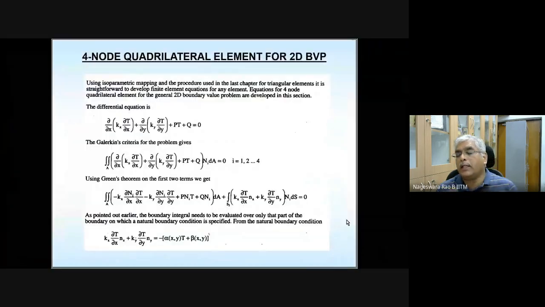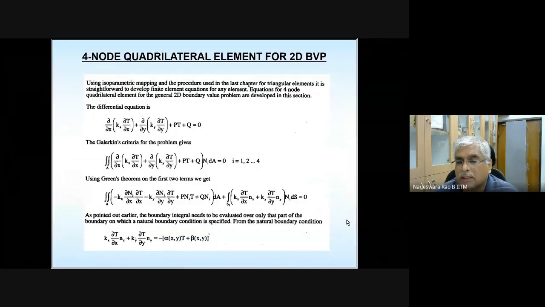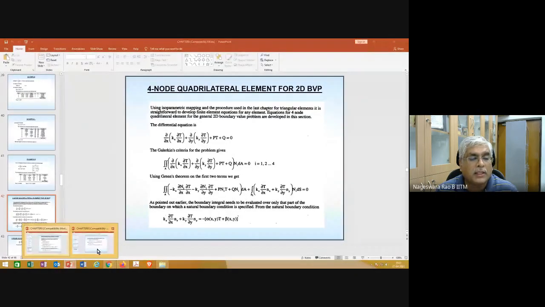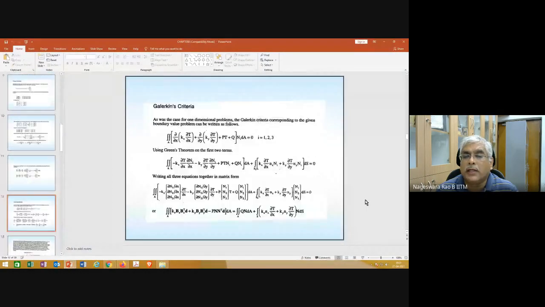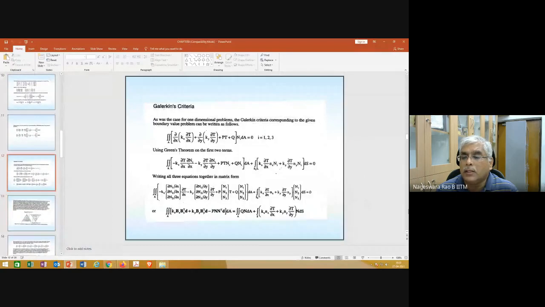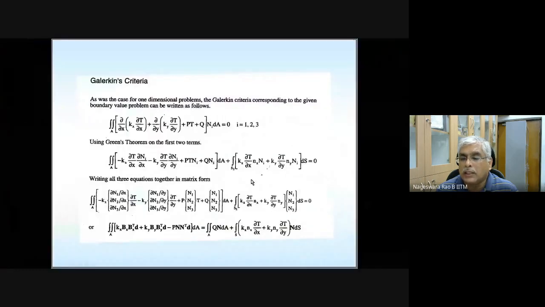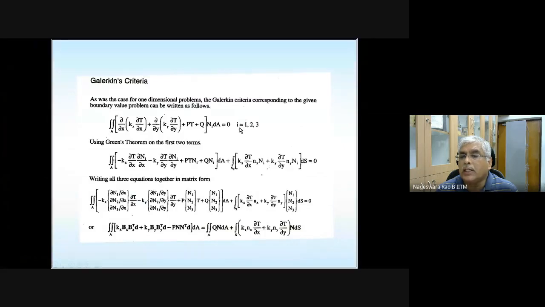Divide the boundary into two regions, where essential boundary conditions are specified and where natural boundary conditions are specified. All that explanation I mentioned while explaining the three-node triangular element is applicable here, except that wherever you see i taking values 1, 2, 3, now i takes values 1, 2, 3, 4.